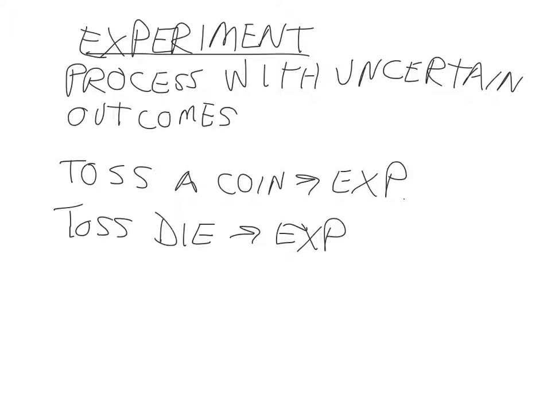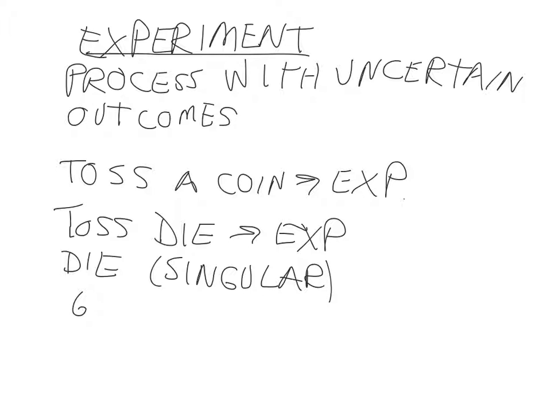In the case of the die, by the way, die is singular of dice, again, it has 6 sides. It's fair. It hasn't been weighted or tampered with or anything like that. So we don't know what's going to come up when we toss that die. All right, so that's an experiment.